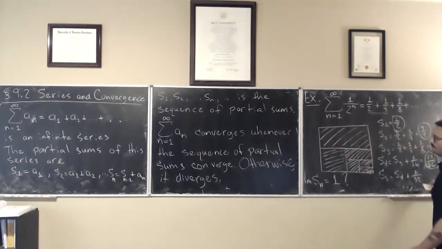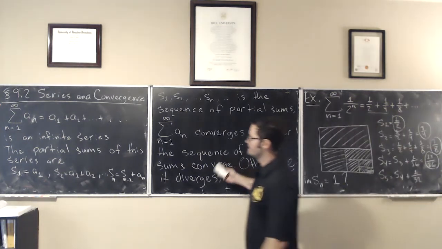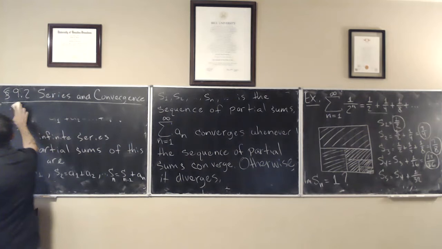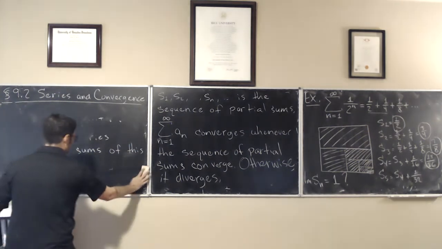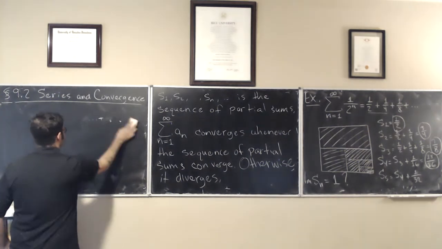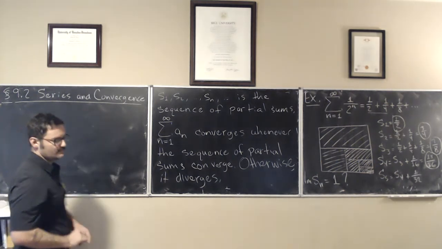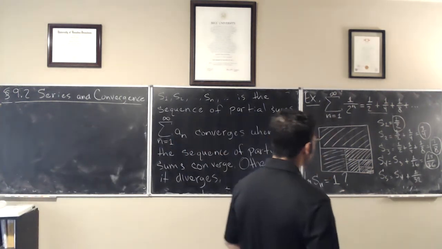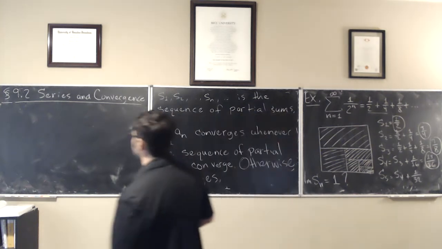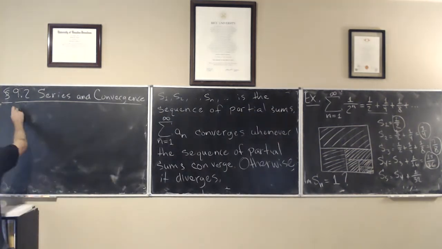So how would we show that? Well, we have to show that that sequence does indeed converge. How do we do that? Well, we need to know what the nth partial sum looks like.